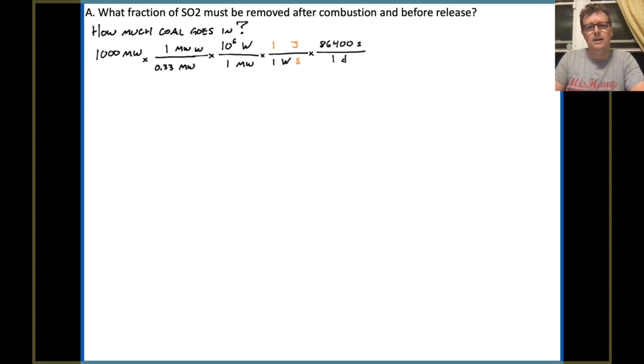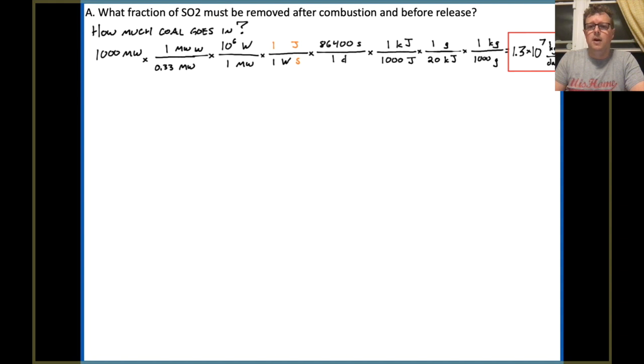I'm going to start working in days, so converting 86,400 seconds in 1 day. Joules to kilojoules. And we were given that 1 gram of coal contains about 20 kilojoules of energy. And you can see I went ahead and converted that back into kilograms of coal.